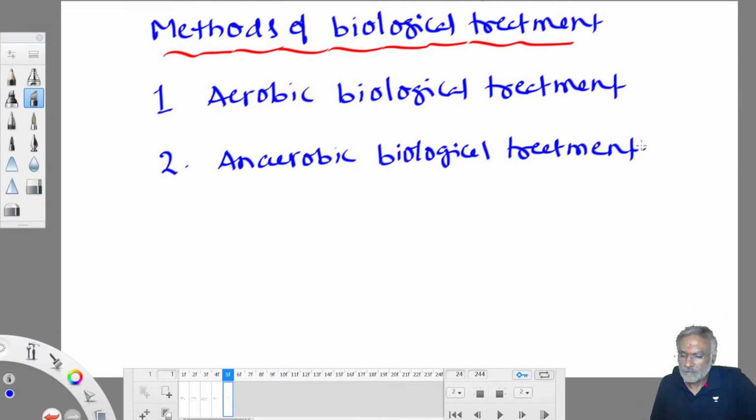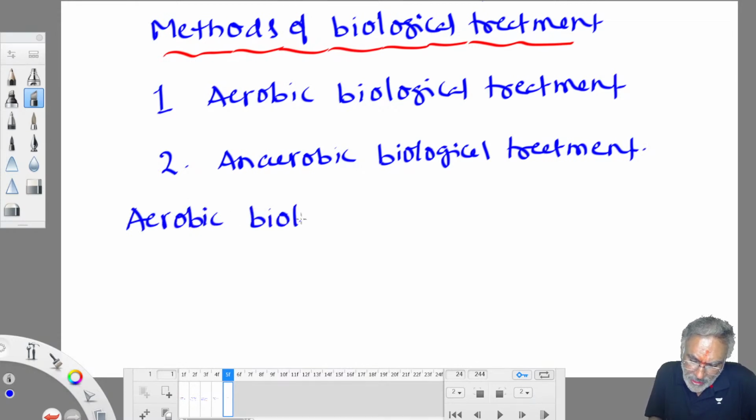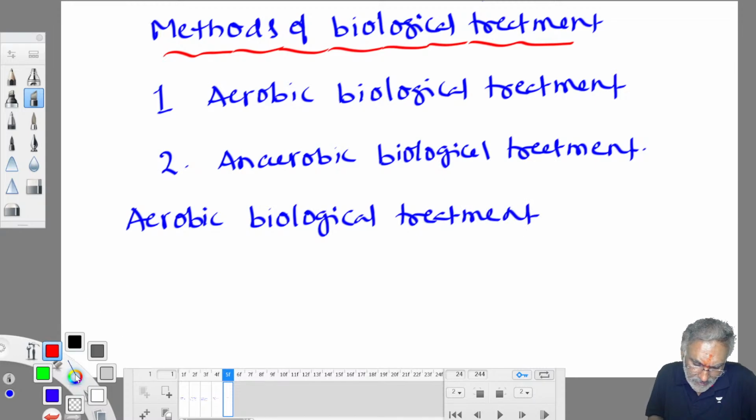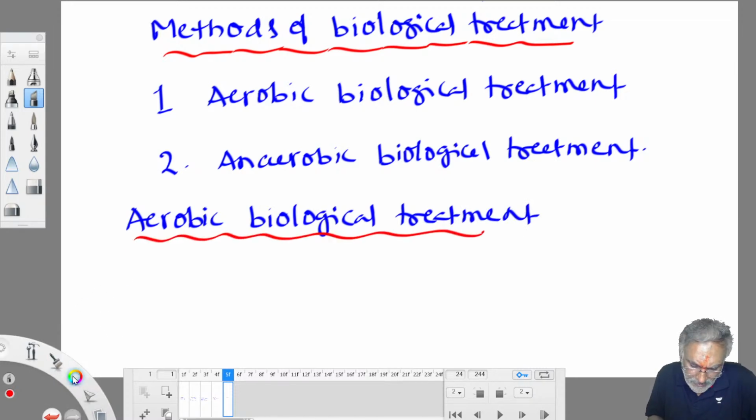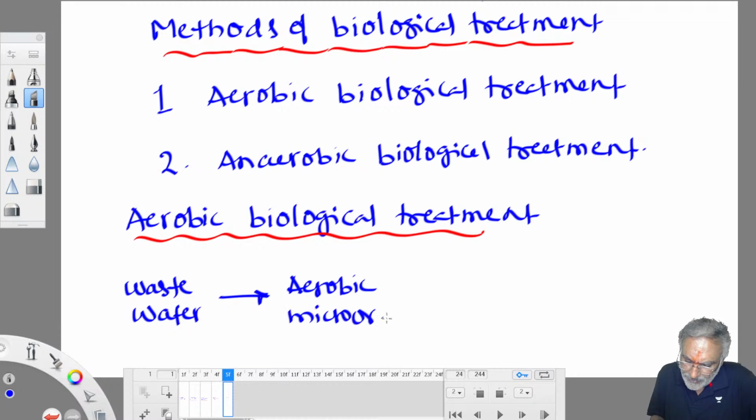Okay. In aerobic biological treatment, we use aerobic organisms. So wastewater is fed to aerobic microorganisms, because these microorganisms are aerobic in nature, they also require oxygen.